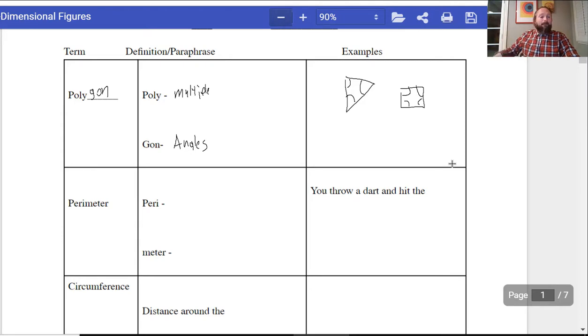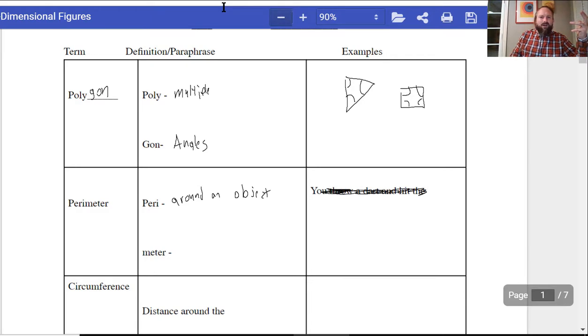Now we have perimeter. Peri is going to be around an object, so let's write that: around an object. This should be fixed on yours, but I'm going to take this off for right now.